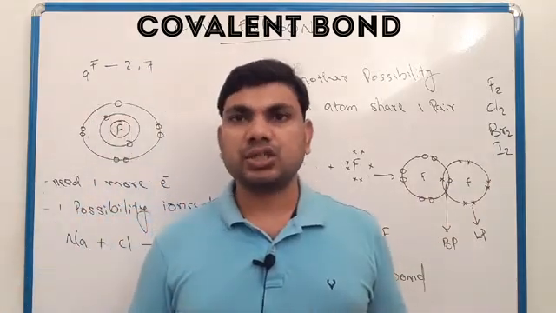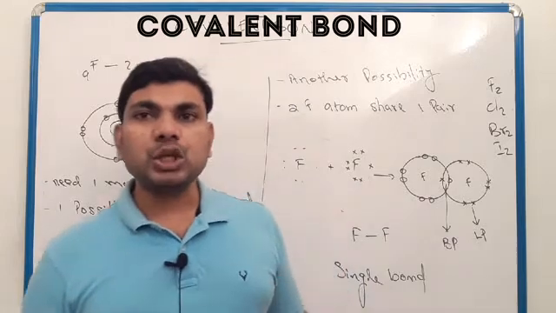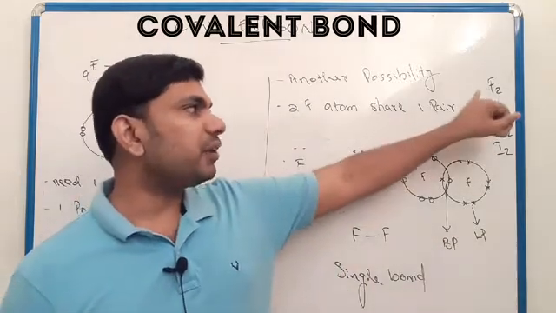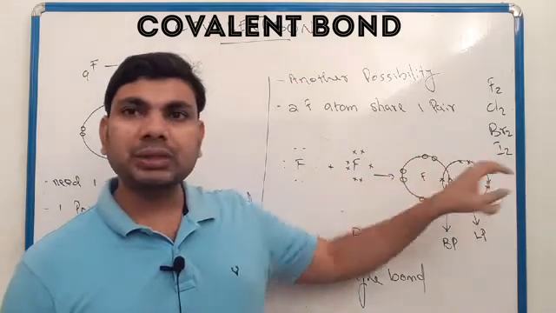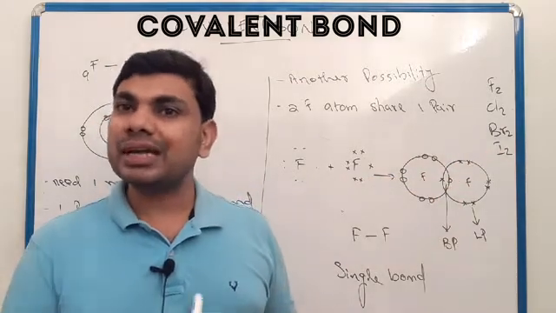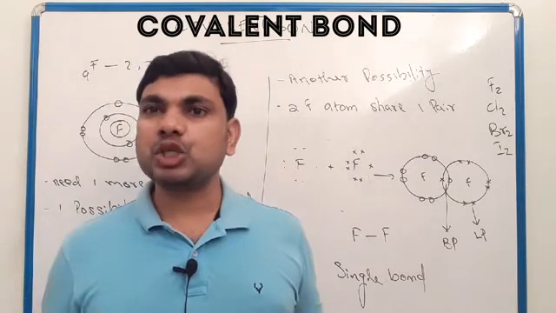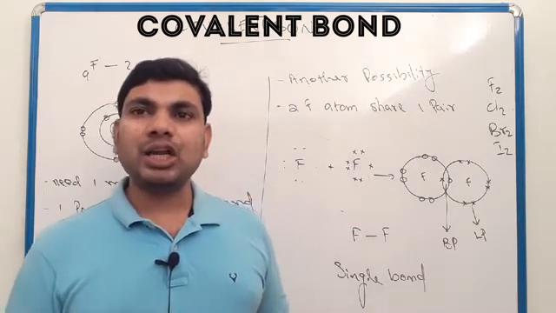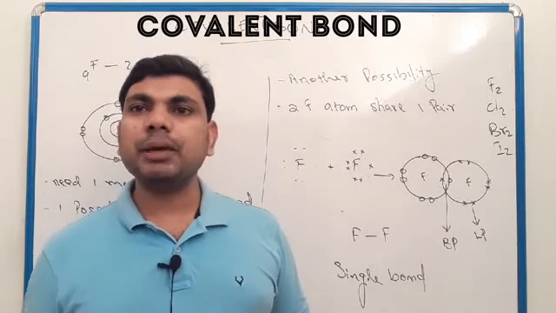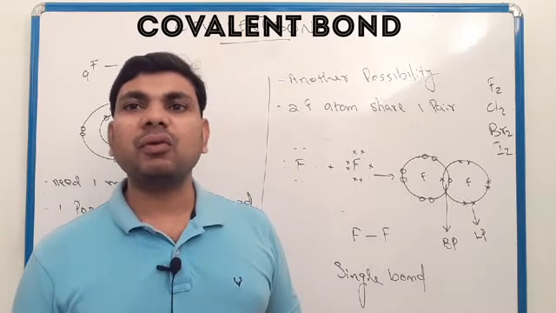These are halogens. We know halogens exist in the form of F2, Cl2, Br2, I2. They exist in the diatomic form. They are diatomic molecules. We can explain why halogens are in diatomic form based on covalent bond.